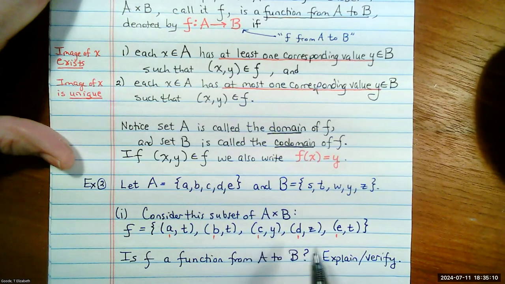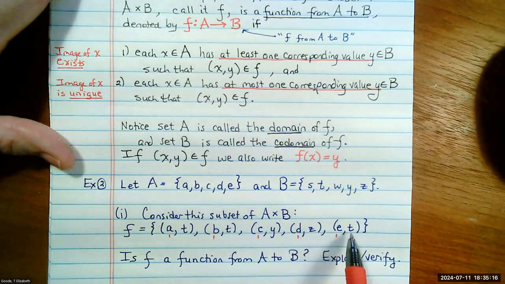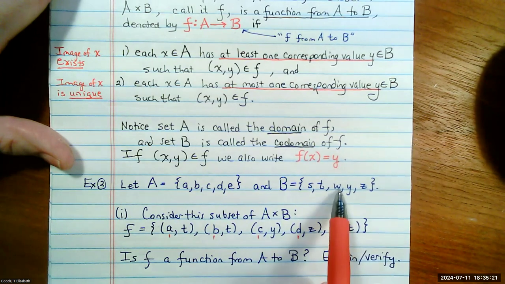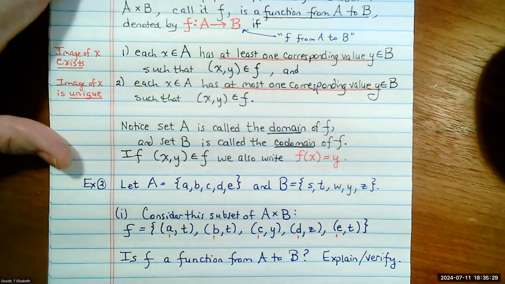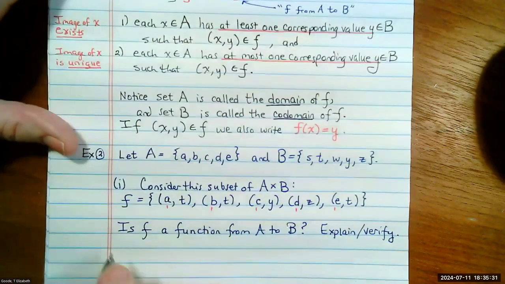I'm saying it a bunch of different ways. d is paired up with z, and the image of e is t. So each of these second coordinates does come from B. No first coordinate is paired up with two different second coordinates. So the answer is yes.